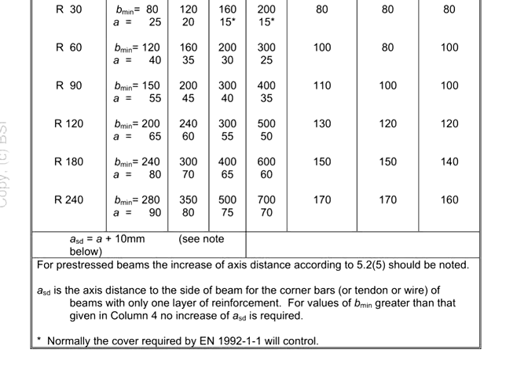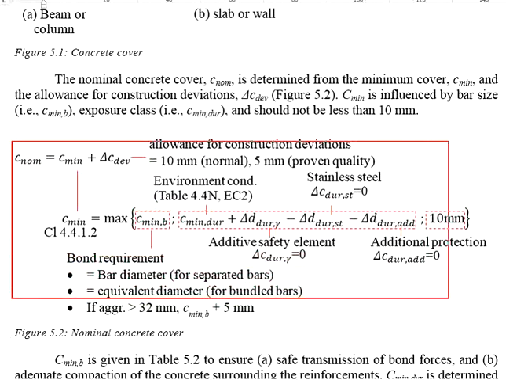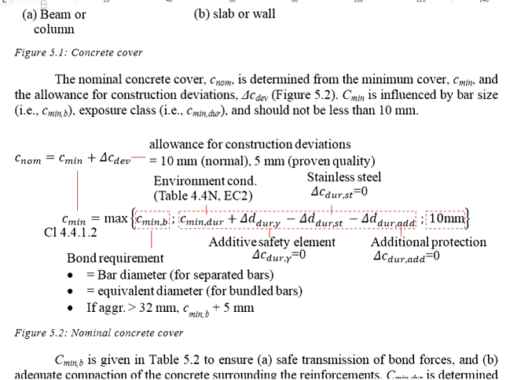As a result, you will need to cross-check with the concrete cover, which is the nominal cover that will eventually govern the concrete cover in your finalized beam section.